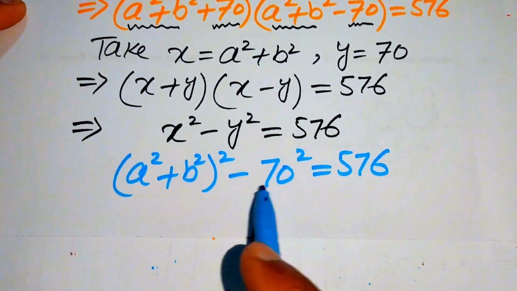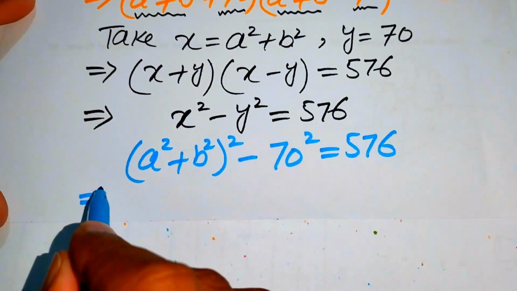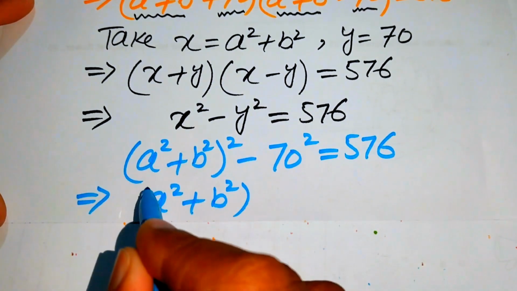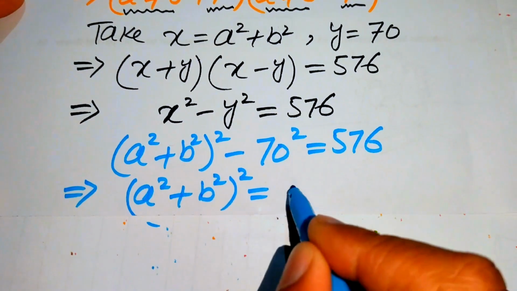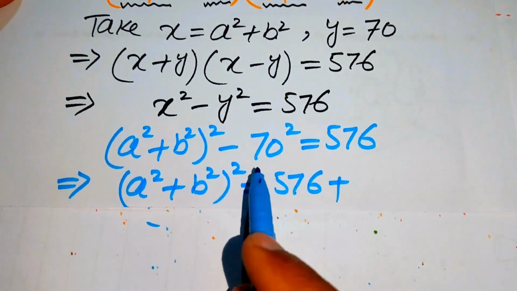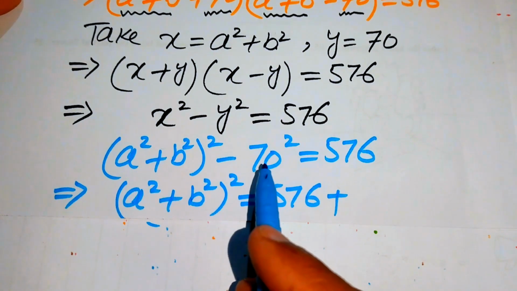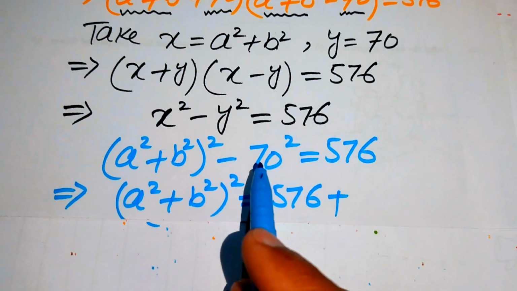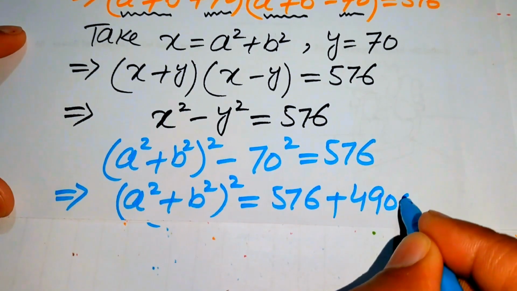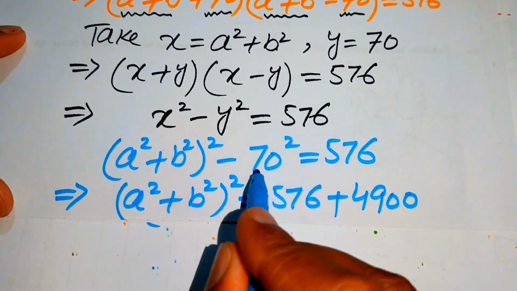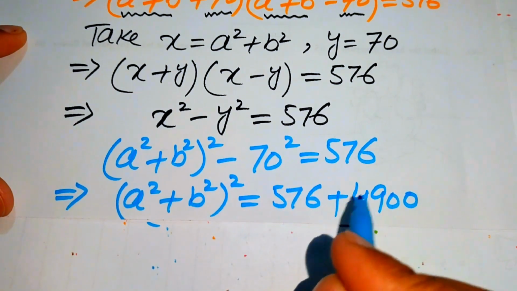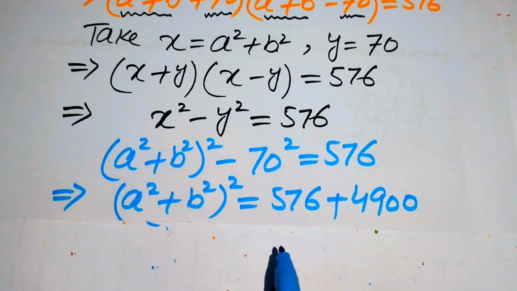Now we move this minus 70² to the right-hand side and it becomes (a² + b²)² = 576 + 70², and we know that 70² equals 4900. It is negative, and when we move to the right-hand side it becomes positive.